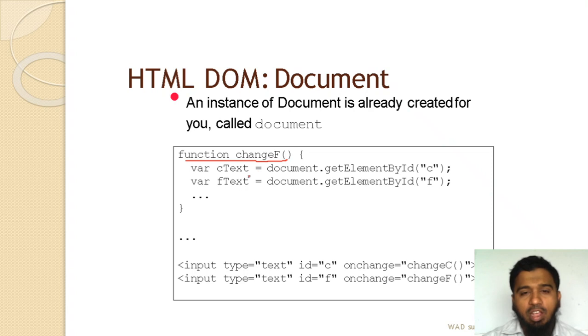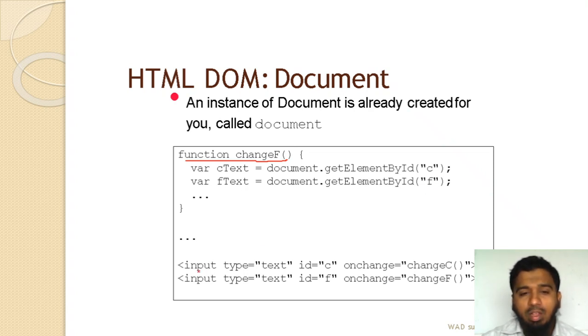We'll see it again, we will do the practical also. Here cText is equal to document.getElementById('c'), and fText is equal to document.getElementById('f').